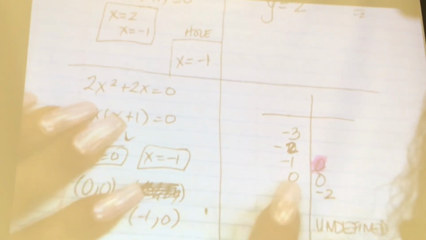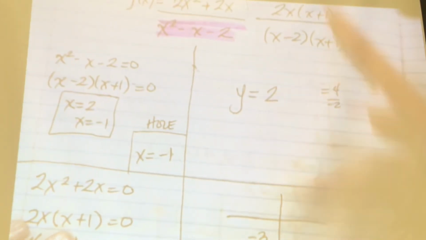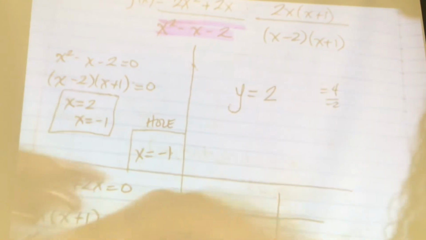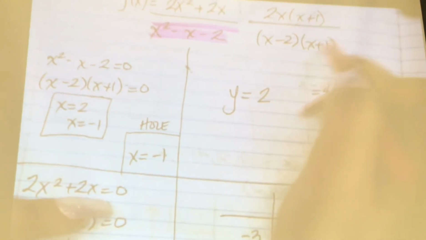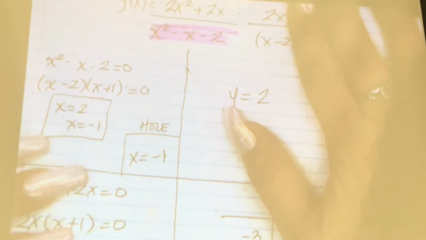Alright, now let's see what happens at this hole. Remember Miss Riad told me yesterday, if you plug in negative 1, it's undefined. That's why we know it's a hole. So you have to plug it in without the negative 1 part. You just plug negative 1 into here for the hole. Everybody with me? So plug negative 1 in here. What's 2 times negative 1? Negative 2. What's negative 1 minus 2?